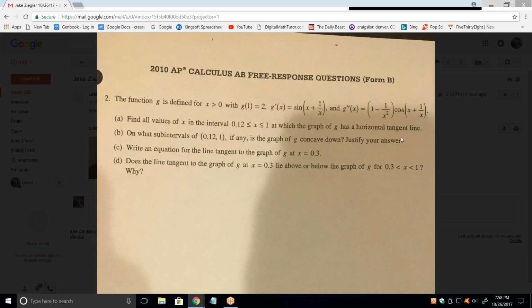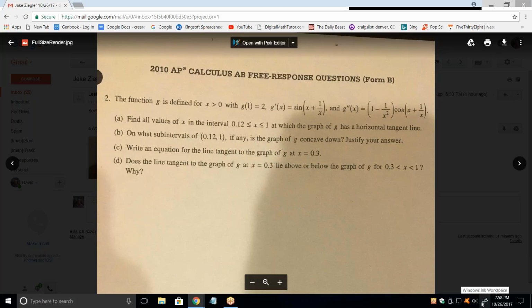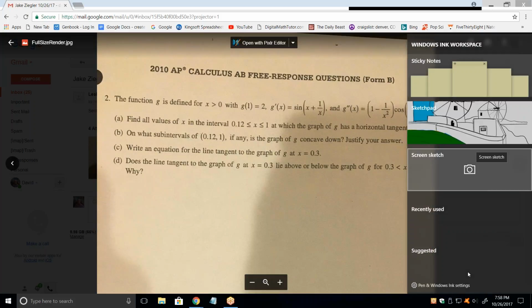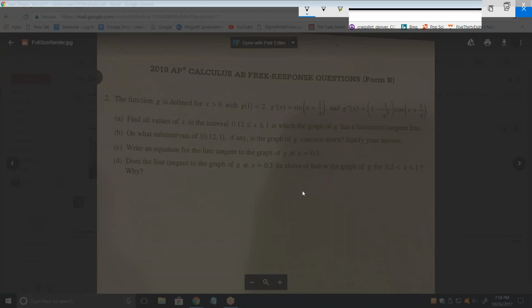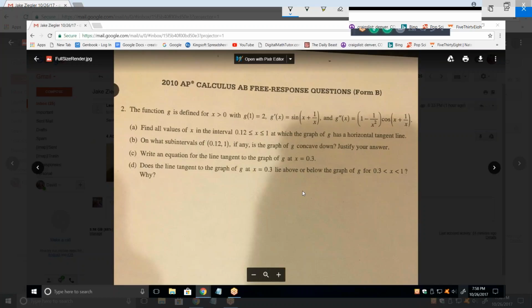All right, we've got 2 minutes. Let me just touch upon part C. I'll try to touch upon each of these. Write an equation for the line tangent to the graph at x equals 0.3. Well, what's the slope going to be? The slope's going to be the first derivative, right?